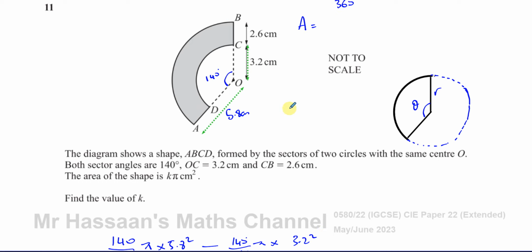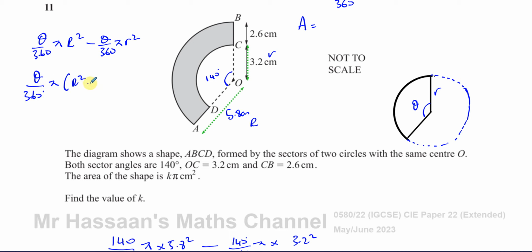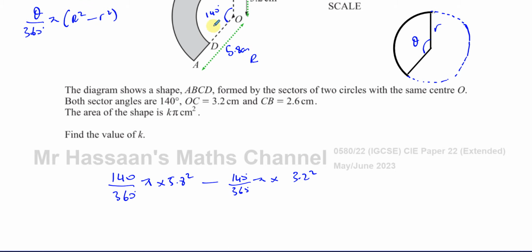So basically you can think of it as theta over 360 times pi times the big radius squared minus theta over 360 times pi times the small radius squared. This is like the big radius. This is like the small radius. So actually we could make it a bit easier on ourselves by rewriting it like this: theta over 360 times pi times big r squared minus small r squared. I could have done that here, so that I don't have to keep writing this down.